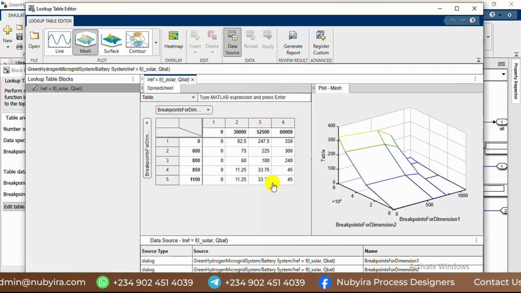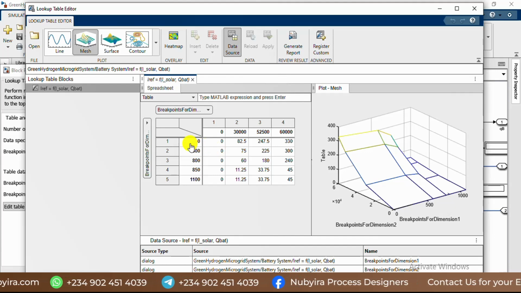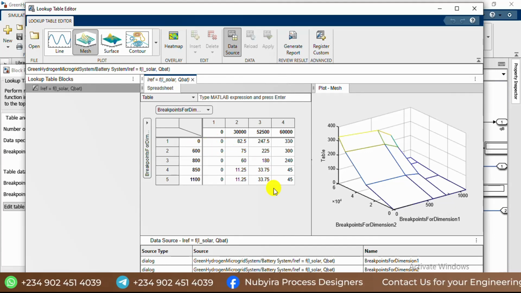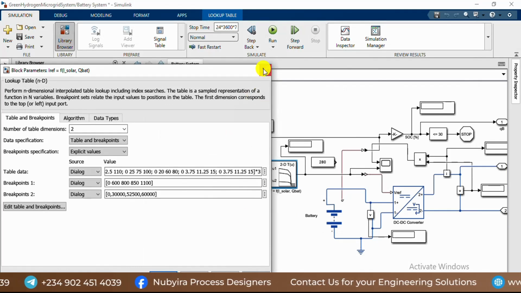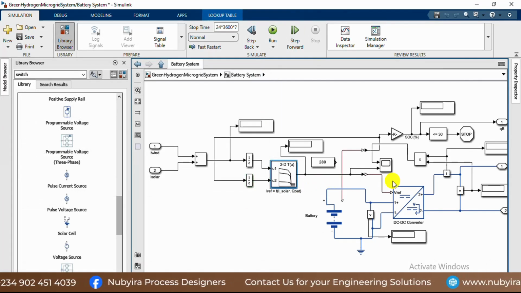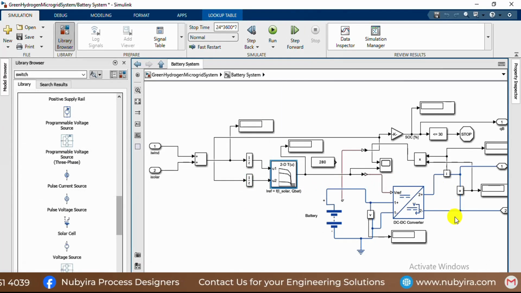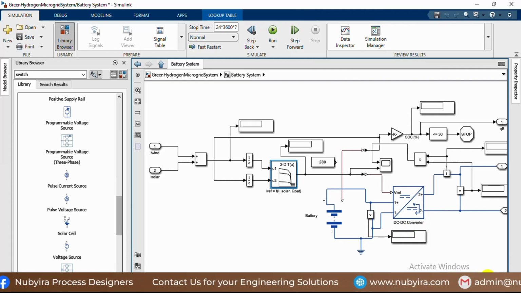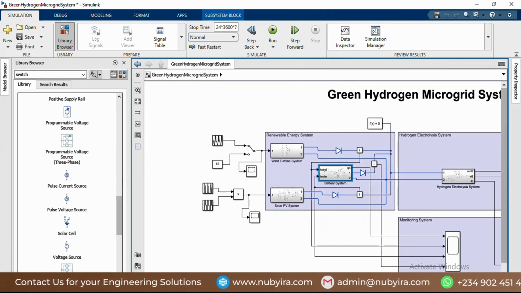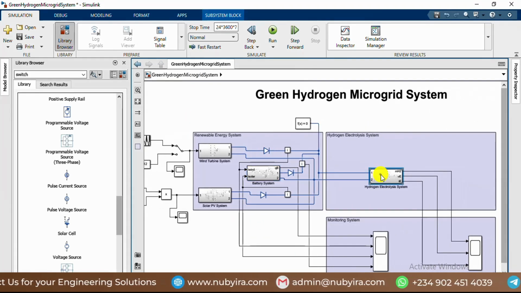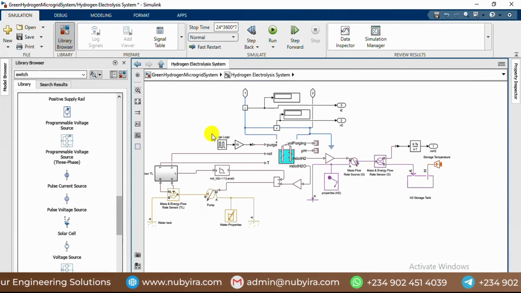You understand? So that's the rate. So that to maintain the energy transfer, it's just like a controlling system for the battery. Then the voltage is going to be maintained. You understand? So that the rate at which the energy is going to be sent out of the battery will be controlled.